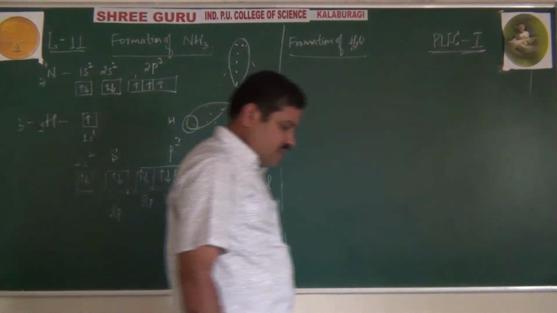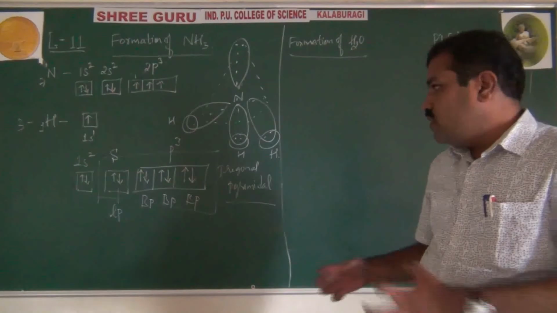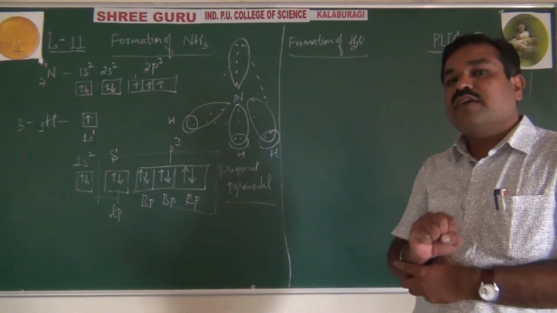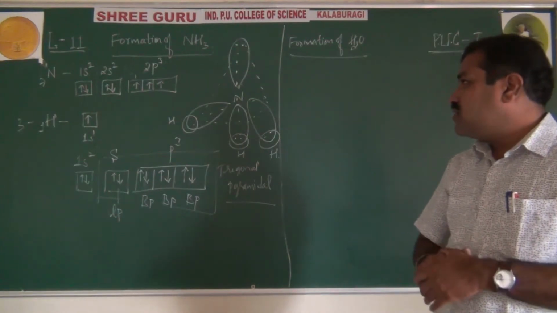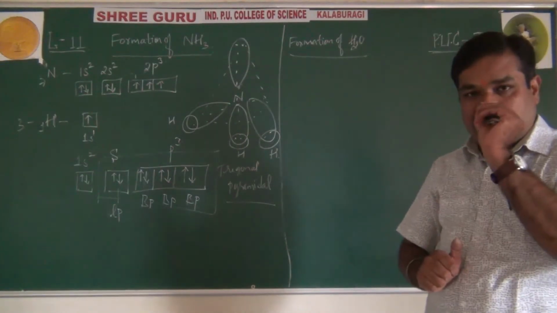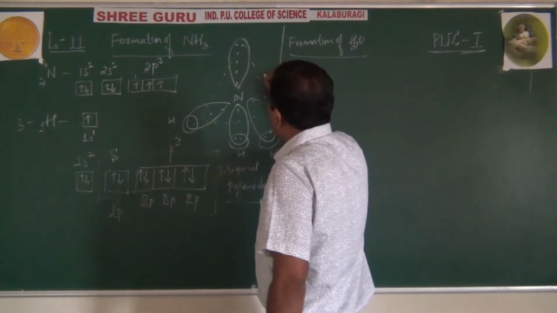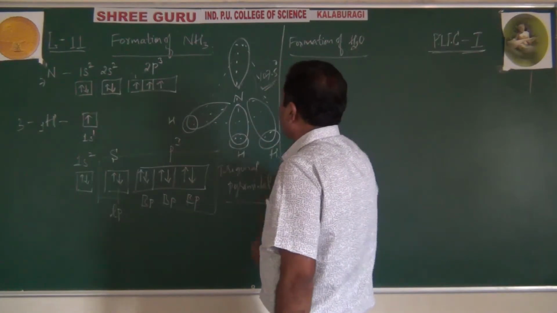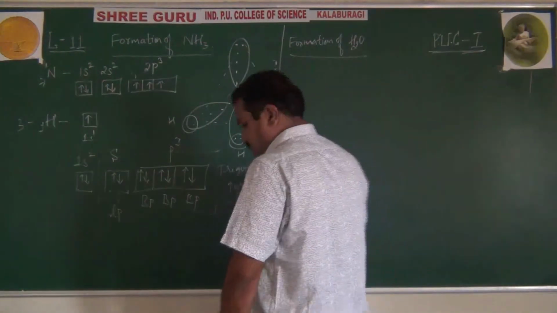This is due to the repulsion force between the electron pairs, bonding pair and lone pair. Instead of the bond angle of 109 degrees 28 minutes, or 109.5 degrees, it decreases. Here the bond angle is also distorted to 107.5 degrees. So this is how we can explain the formation of anything.